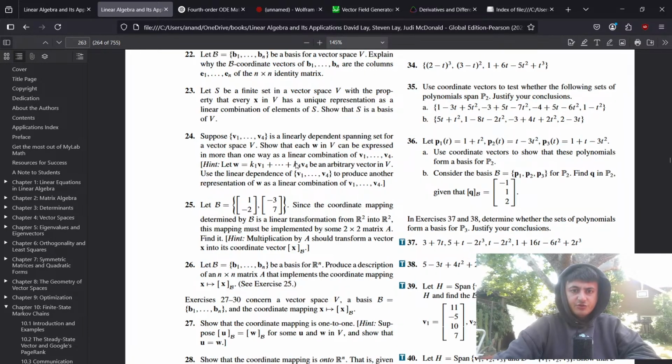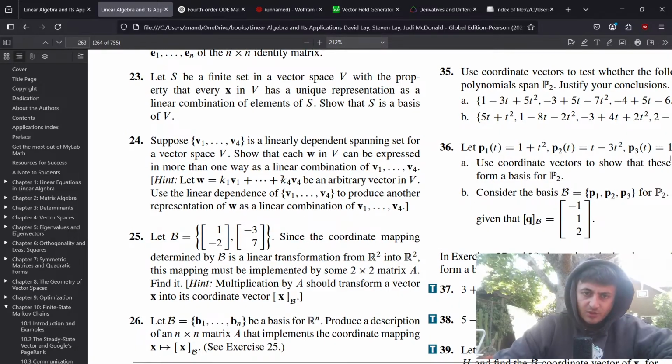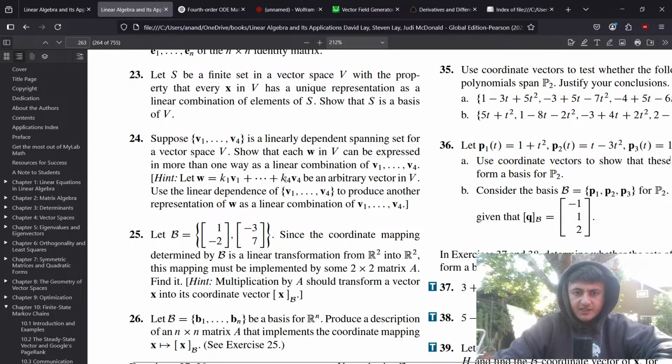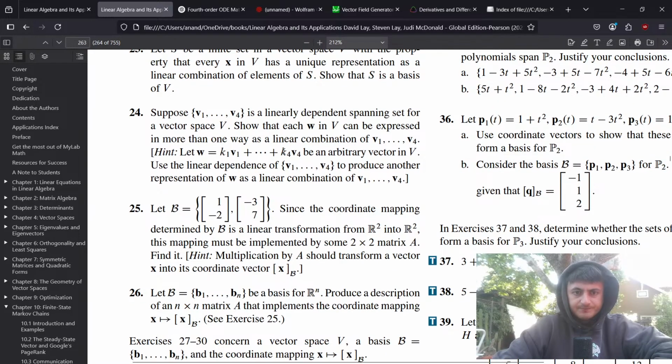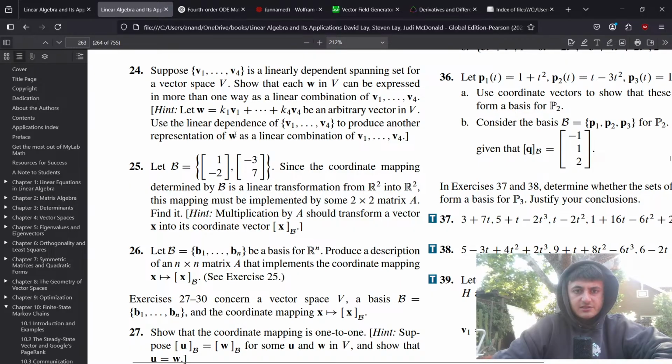I mean, what I think you do is you let some arbitrary symbolic linear combination of V1 to V3 equal V4, and then you just plug in, and then you can probably just choose. Yeah, that's that.